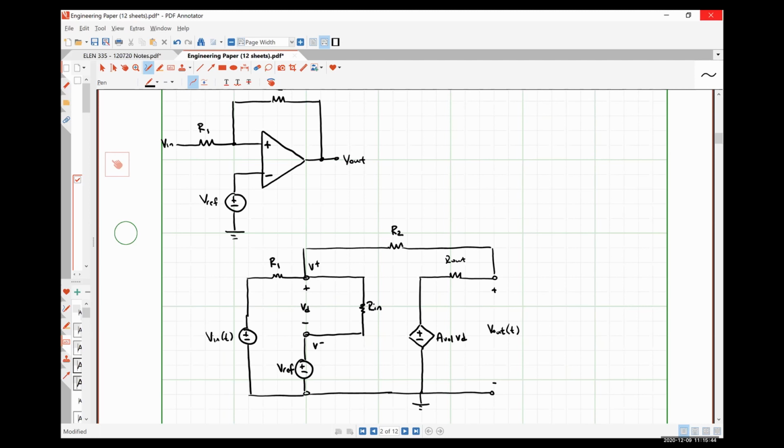All right. So we're going to be making a couple of assumptions here. Rn is much, much greater than R1 and R2, and R out is much, much smaller than R1 and R2.